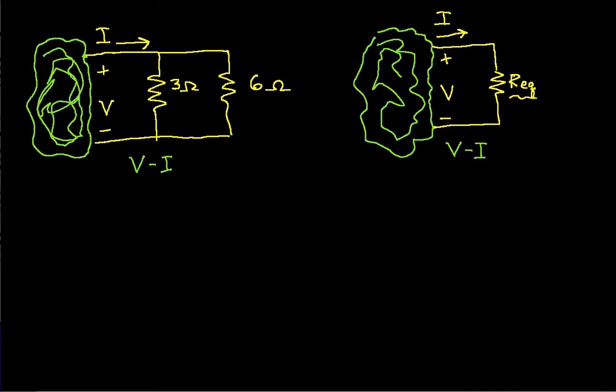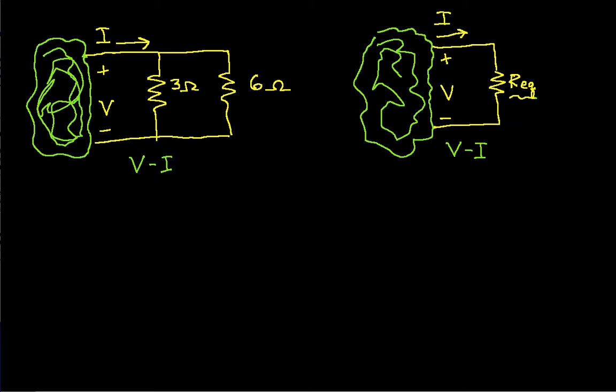In other words, the VI characteristics for this parallel combination are exactly the same as the VI characteristics for this equivalent resistance. And that means that the rest of the circuit couldn't tell if it's hooked up to the parallel resistors or the equivalent resistor. So that's basically the idea.